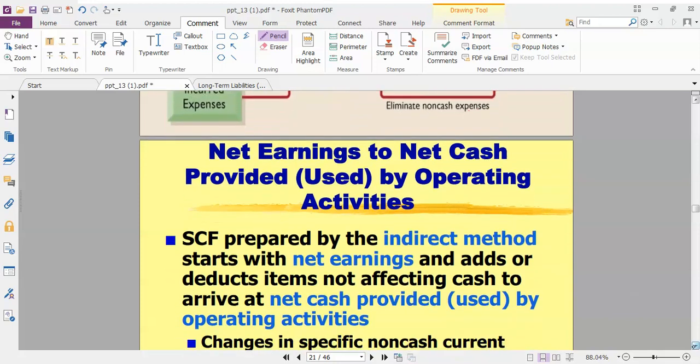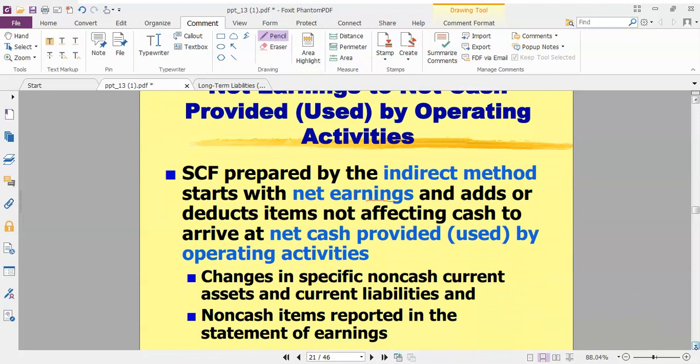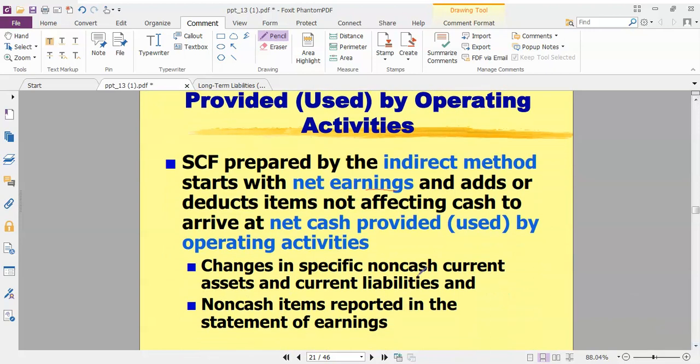Prepared by the indirect method starts with net earnings and adds on or deducts items not affecting cash to arrive at the net cash provided by operating activities. Okay? For example, changes in specific non-cash current assets and current liabilities, and also non-cash items reported in the statement of earnings. Okay, that is the item, okay, under the indirect method.